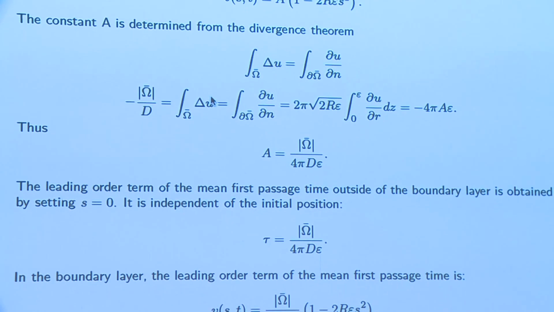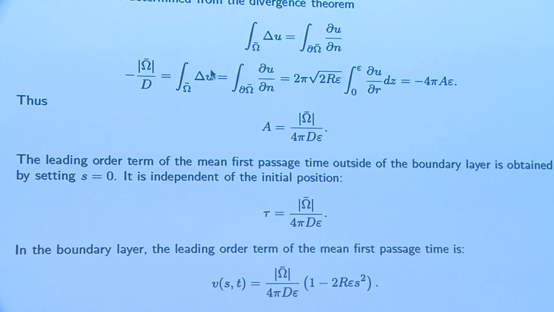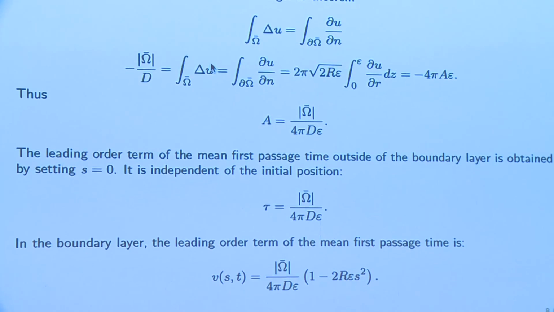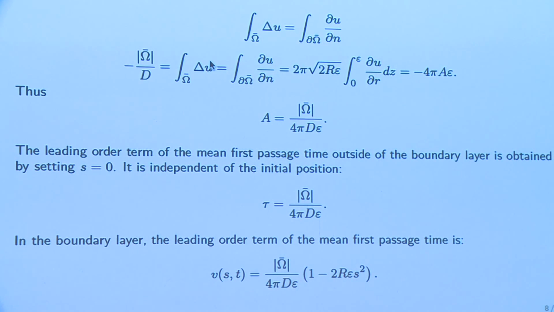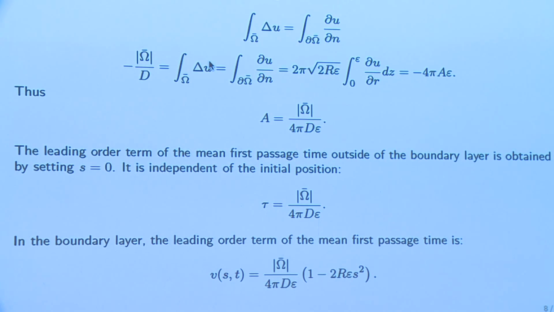So we can then, using our first order term of the solution at the hole, use this equation and find A. And we now have the first order term, the leading order term of the solution in epsilon for the whole domain.